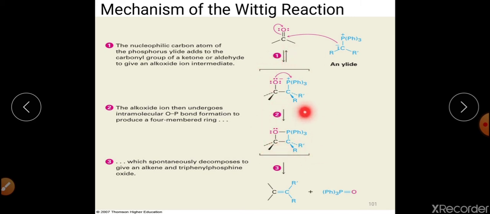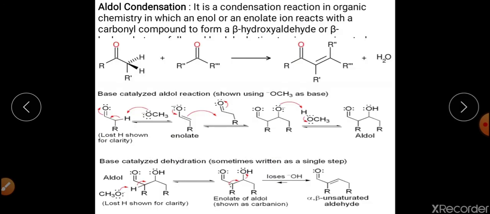This is a kind of intermediate that has been synthesized during the course of the reaction. Now, this particular betaine will get converted into alkene by the movement of electrons, where this bond shifts here and this bond shifts above to form this one, right? So this has been separated out and this is the alkene that you have synthesized. Triphenyl phosphine oxide has been separated out and alkene has been synthesized during the course of this reaction.